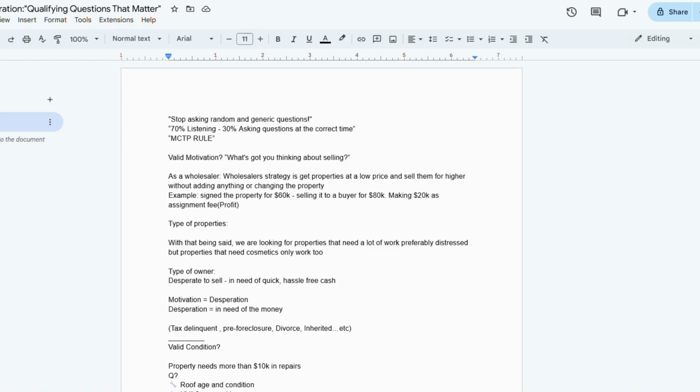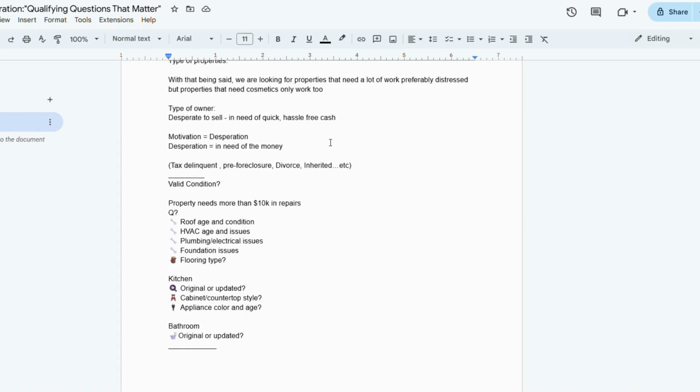So let's jump into the second part of the MCTP rule. It's going to be the condition. What do I consider a valid condition? Remember, we're looking for properties that are distressed or need some cosmetic work. By cosmetic, I mean updating the kitchen, making it modern, the same goes for the bathrooms, changing flooring, HVAC, rooftop.